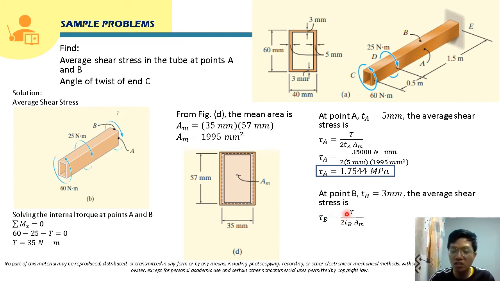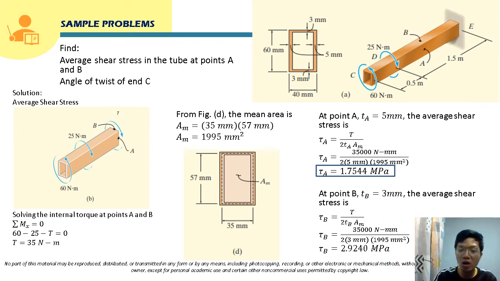So we will just substitute the values for T, which is 35,000 Newton millimeter over 2 times the thickness, which is 3 millimeter, times the mean area, which is 1,995 millimeter squared. So from here, class, we can now compute the shear stress at point B. And this is 2.9240 megapascal.